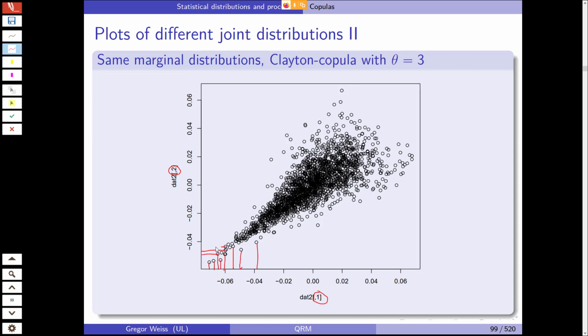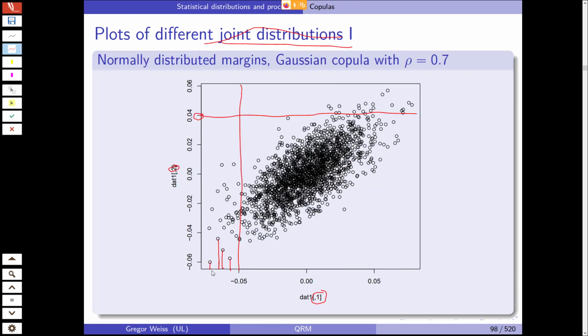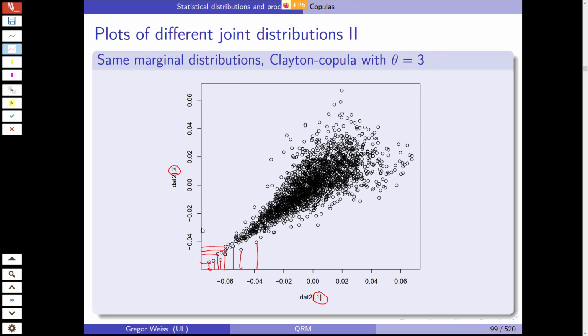The problem now is that maybe, for example, this point here and this point here are now combined in this point. In the other plot, it could be that this point here is combined with this point, and this point here, which used to be down here, now switches to this combination. The same marginal behavior, completely different joint distribution.